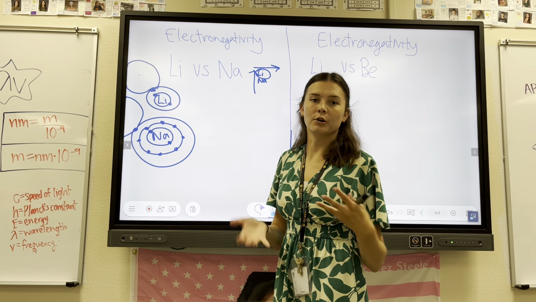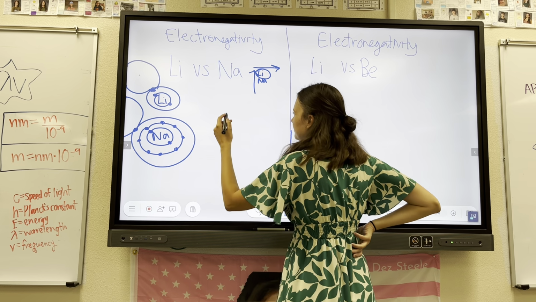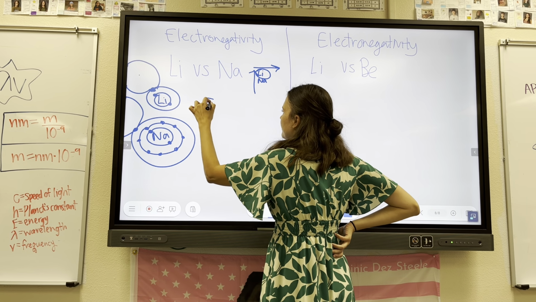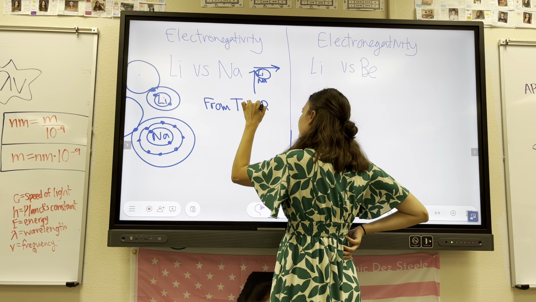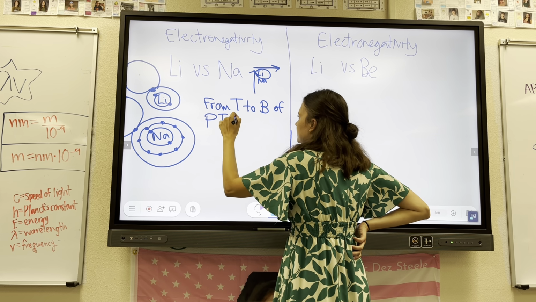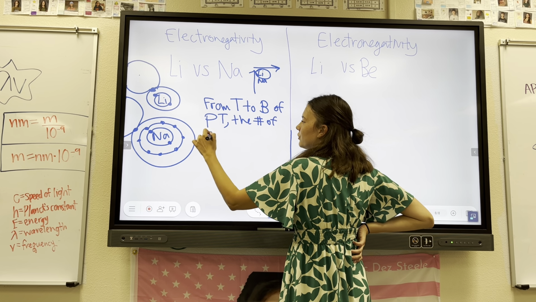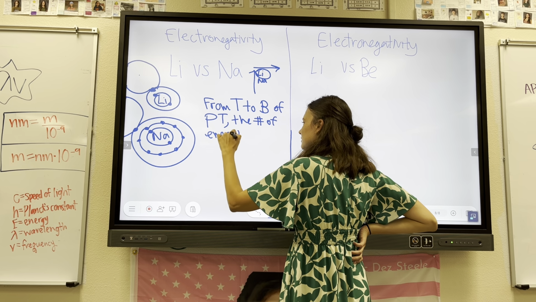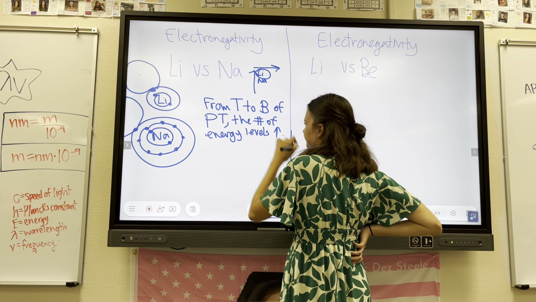I'm going to write you guys an appropriate test response so you can start studying. From top to bottom of the periodic table, the number of energy levels, or those shells of electrons, increases.